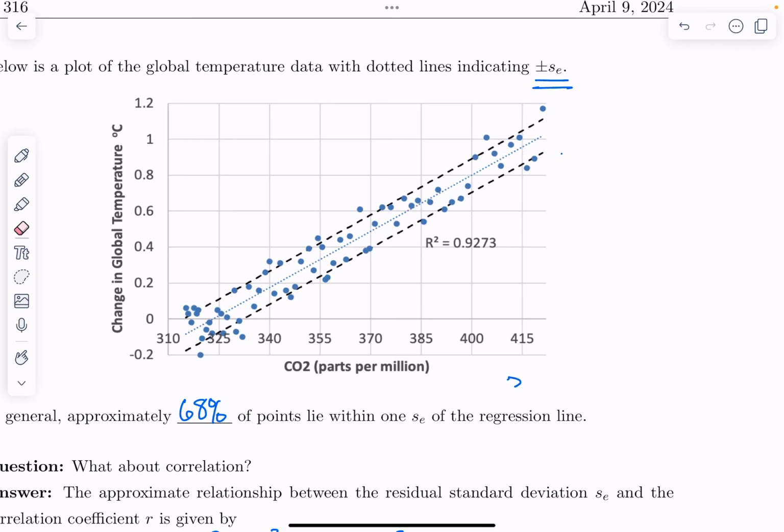The main variation that you see, 92.7% of it, is in fact explained by that linear relationship between temperature and CO2 levels. And that's the importance of the R squared value. And that's why you see that it's often given on plots like this to help us understand how good of a fit for the data we have and how strong the linear relationship is.